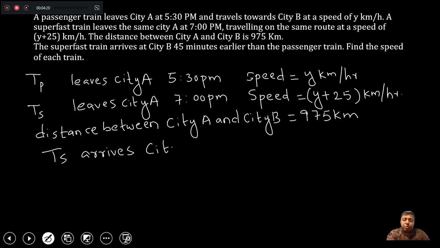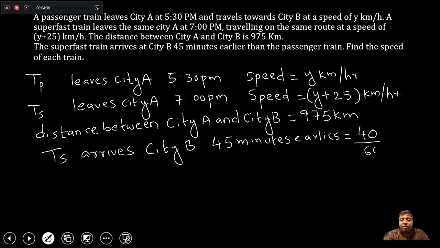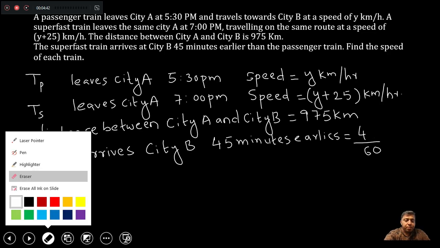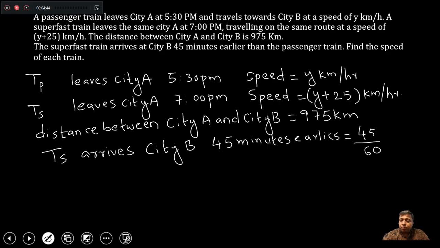I will change these minutes into hours over here itself, and for that we divide by 60. 45 over 60, 15 times 3, 15 times 4, 3 on 4 is 0.75 hours.